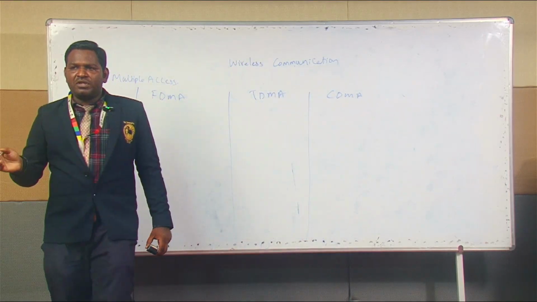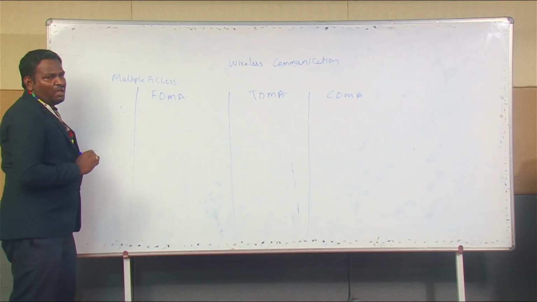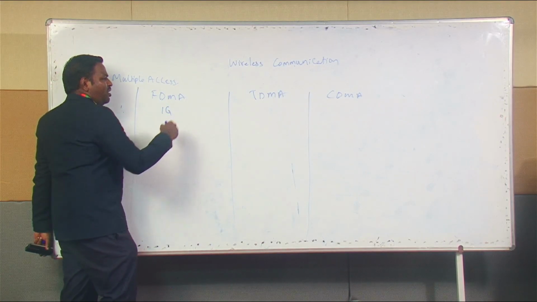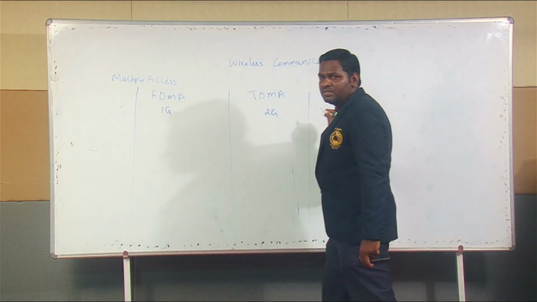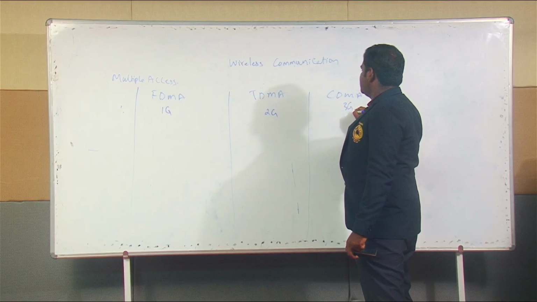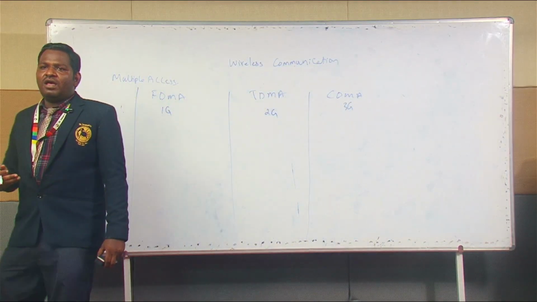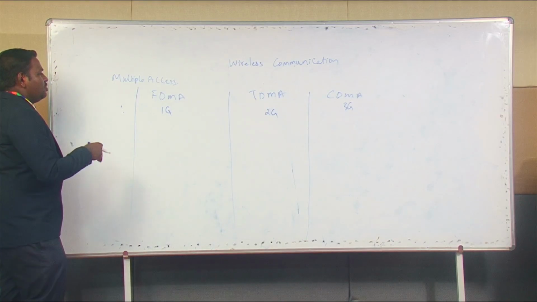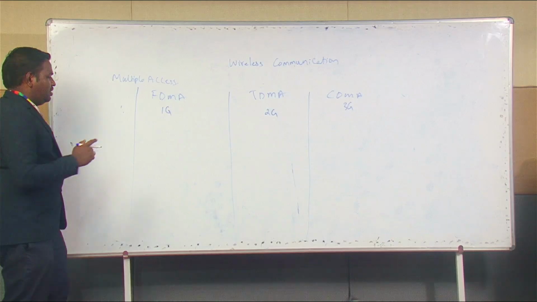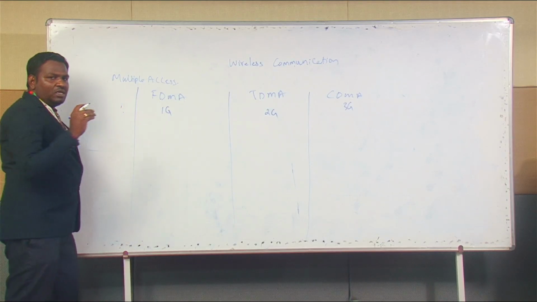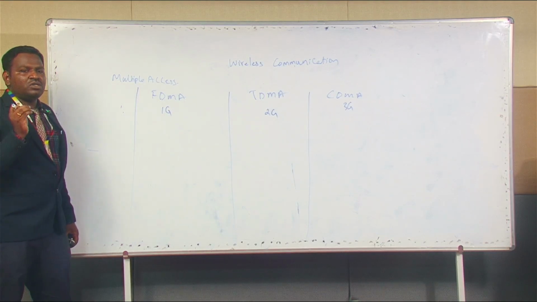The simplest difference, if you compare all these, is the first one. This comes under FDMA 1G, TDMA 2G, and CDMA 3G. So these are the different evolutions of cellular communication. And the next one, the technique. In FDMA, the total allocated bandwidth is divided into subbands or channels.